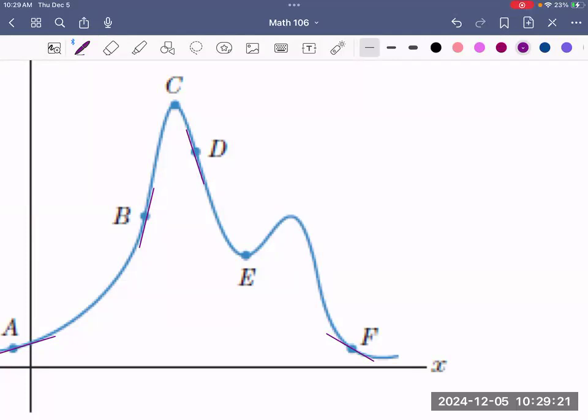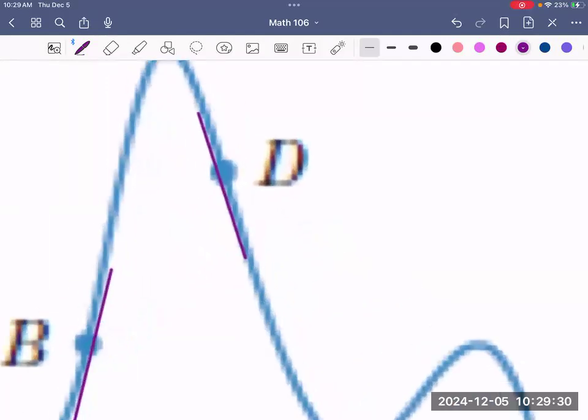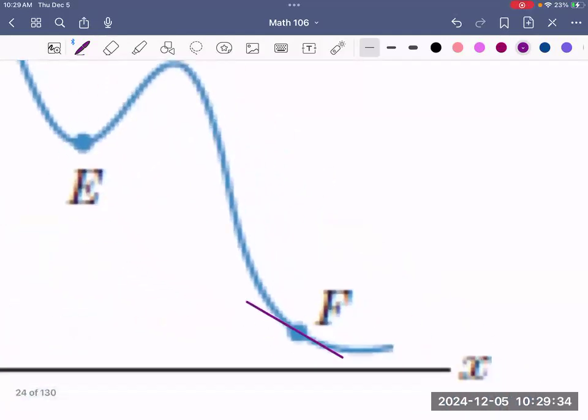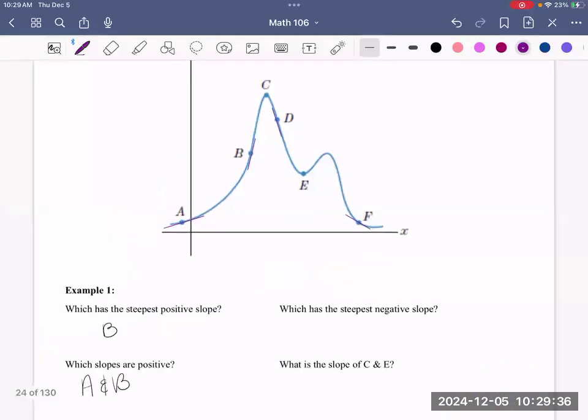So now between D and F, which one is the steepest negative slope, the most negative slope? Well, that would be at D. It's going down a lot quicker, a lot faster than F. So D is the steepest one.